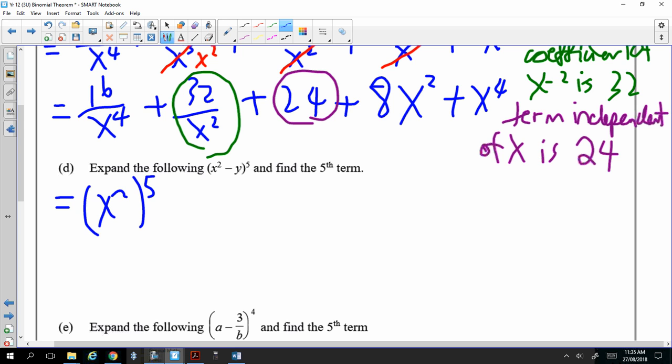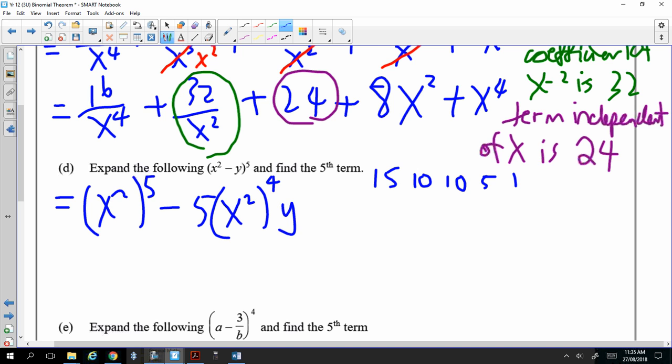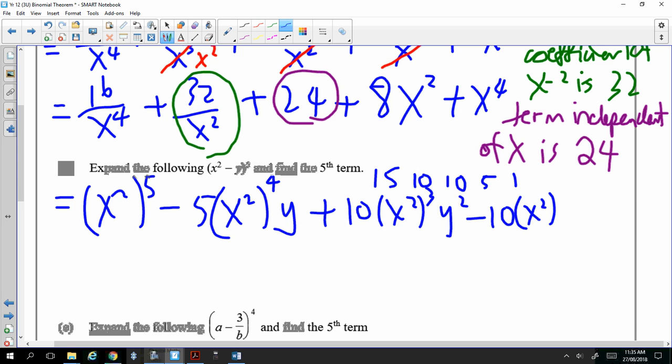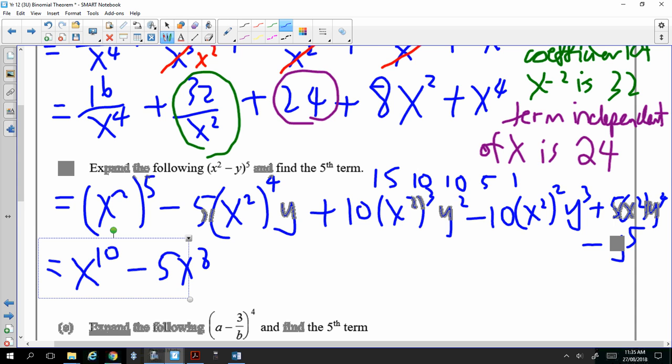So you go 5 (x squared) to the 4 y plus 10 (x squared) cubed y squared minus 10 (x squared) squared y cubed plus 5 x squared y to the 4 and then minus y power 5. And if you simplify, that will be x power 10 minus 5x power 8 plus 10x power 6 minus 10x power 4 and then plus 5x squared y power 4 and then minus y power 5.